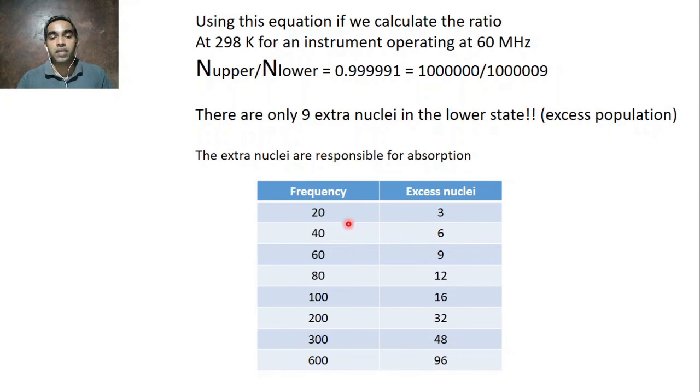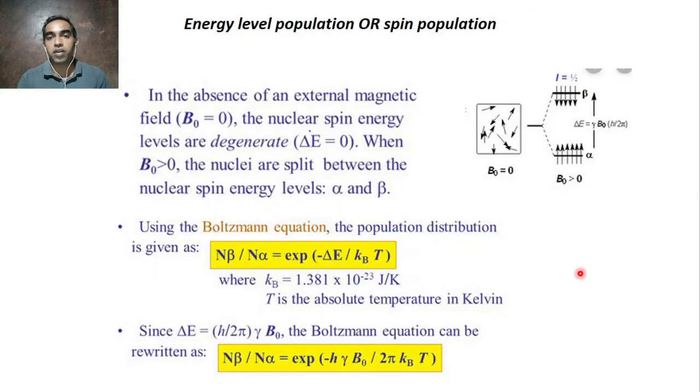You can see here, as you increase the frequency, the excess nuclei in the lower state will increase. Why? Because as I already told you, when you increase the external magnetic field, the energy separation will also increase. If the energy separation increases, more and more will remain in the lower state. So that's what energy level population is.